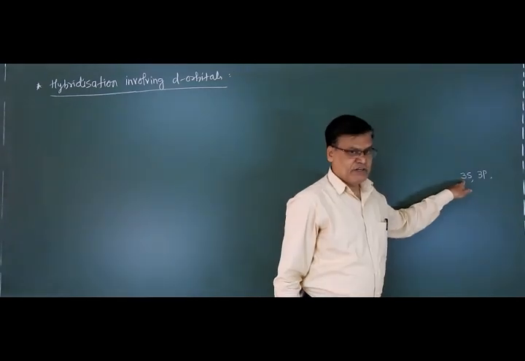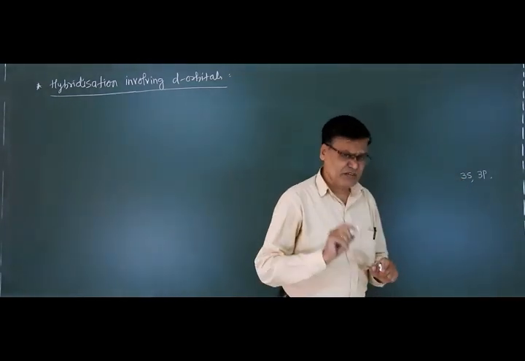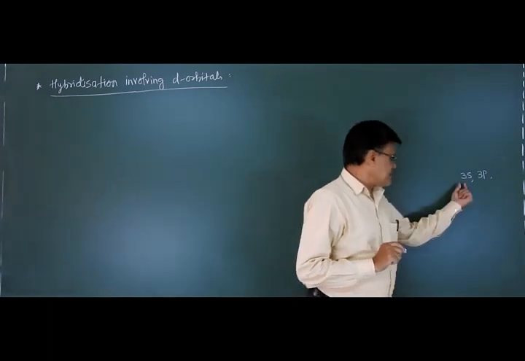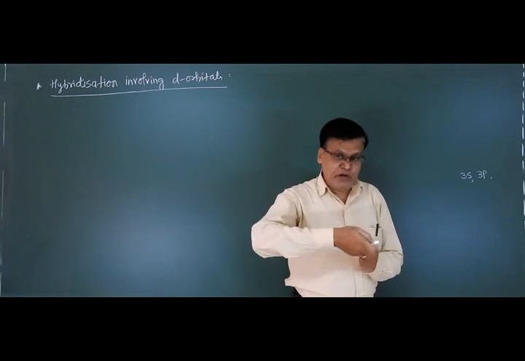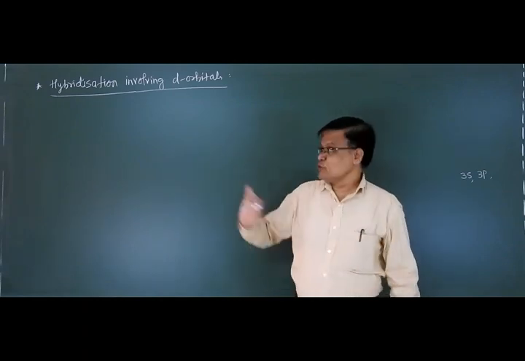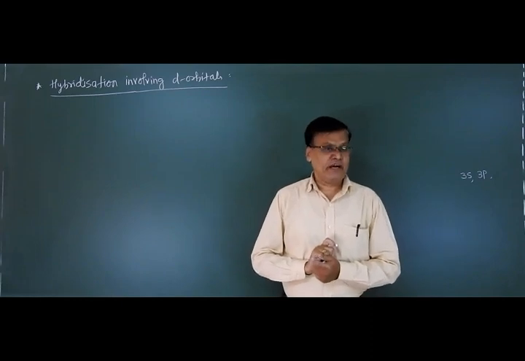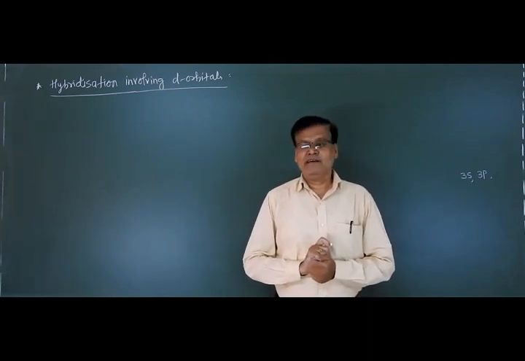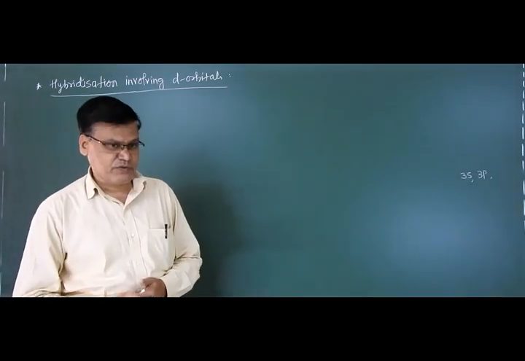Clear? 3 indicates what? Period number. Whichever elements are present in the third period or beyond the third period show this type of hybridization, that is, d orbital involving hybridization: sp3d, sp3d2, and sp3d3 we will discuss today.